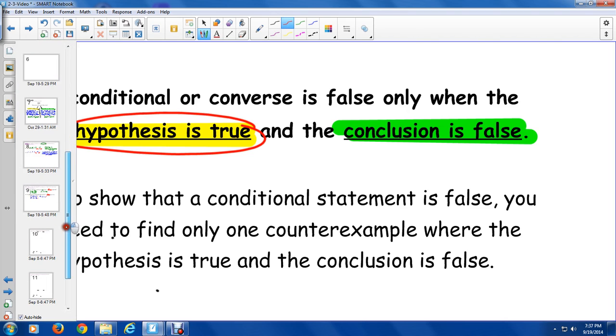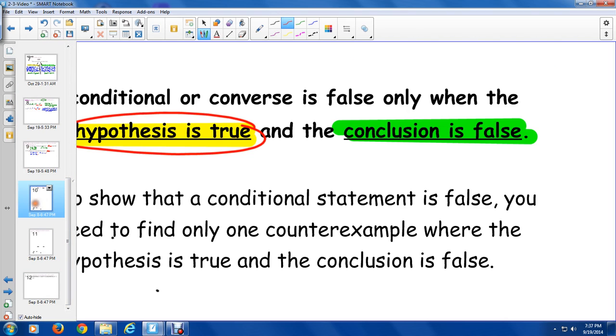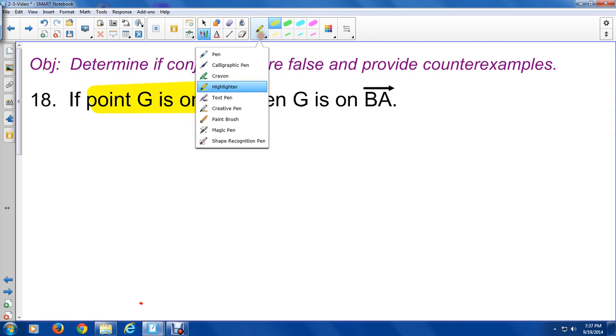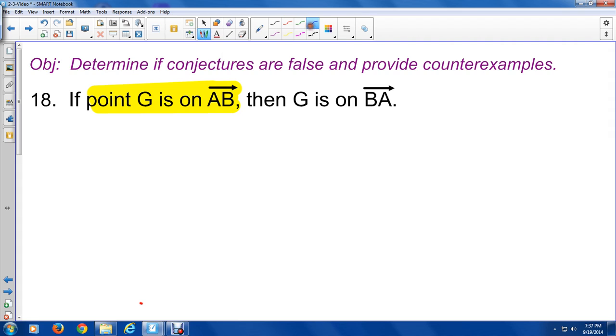Let's work through a couple of these harder ones and see if we can either draw a picture or come up with some kind of counterexample. First one: if point G is on ray AB, I'm finding the hypothesis of that statement. Point G is on ray AB, that has to be true. So I'm going to go ahead and draw a ray.